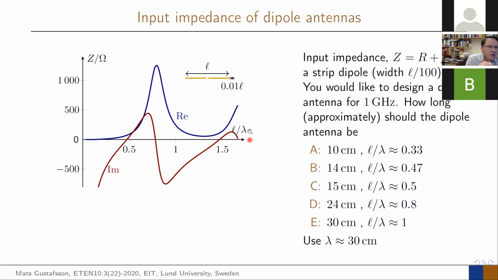So which one do you think it is in these cases? Fill out here which one you think it should be. So A was 0.33, B 0.47, C half a wavelength 0.5, D 0.8, and E 1.